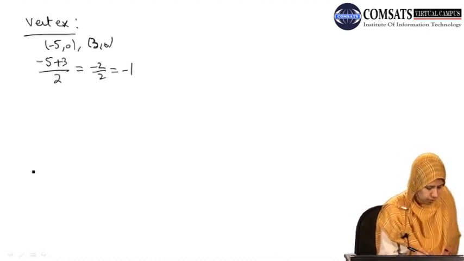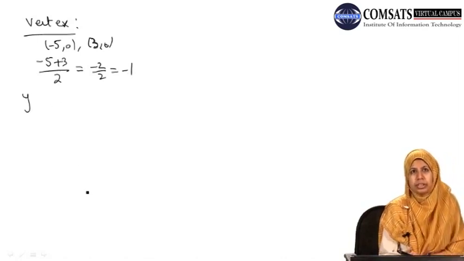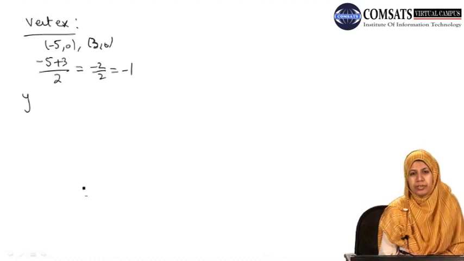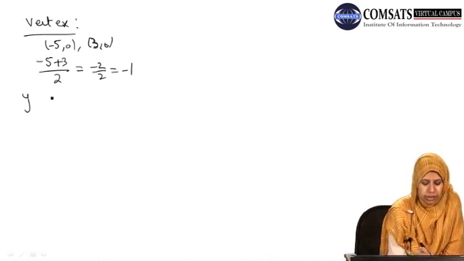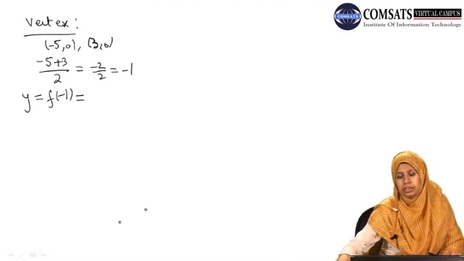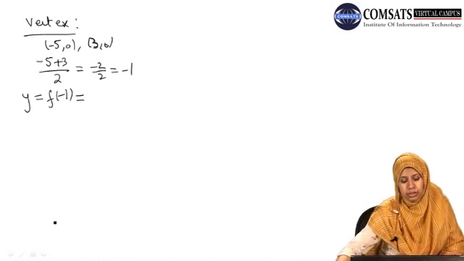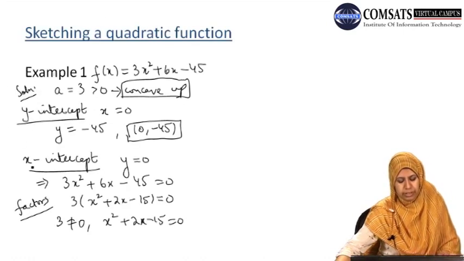And now the y-coordinate. For the y-coordinate, we will calculate the value of our given quadratic function at this x-coordinate, that is minus 1. Now which quadratic equation will we use? x square plus 2x minus 15? No, our given quadratic equation is 3x square plus 6x minus 45.